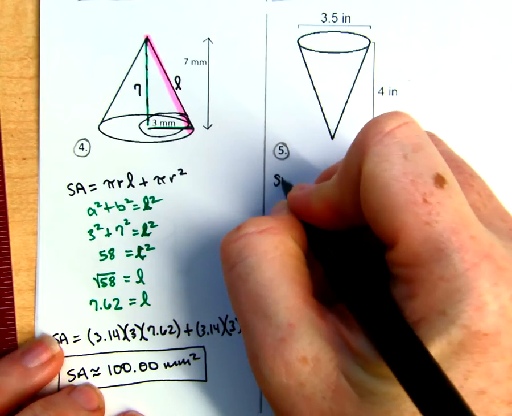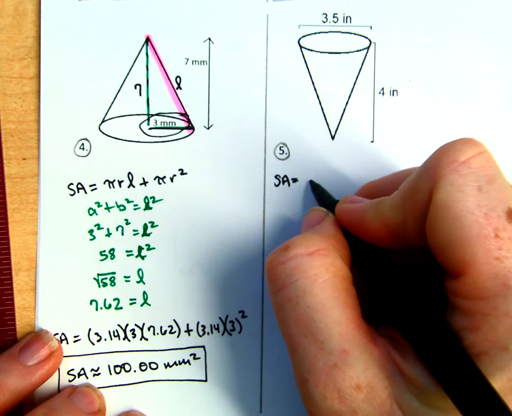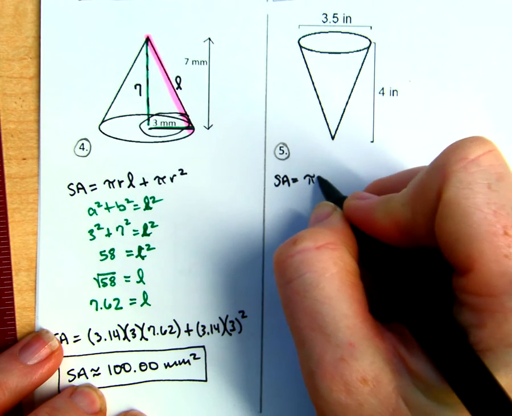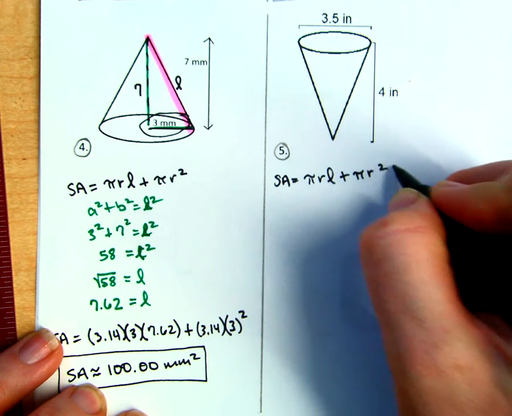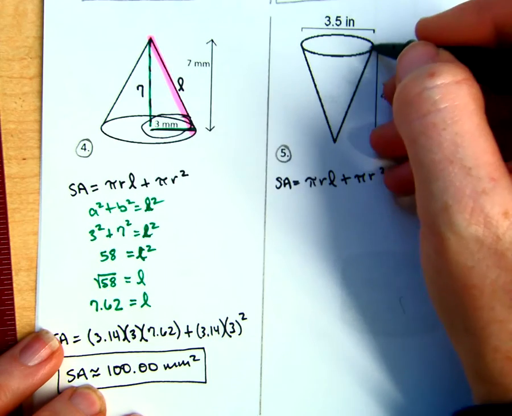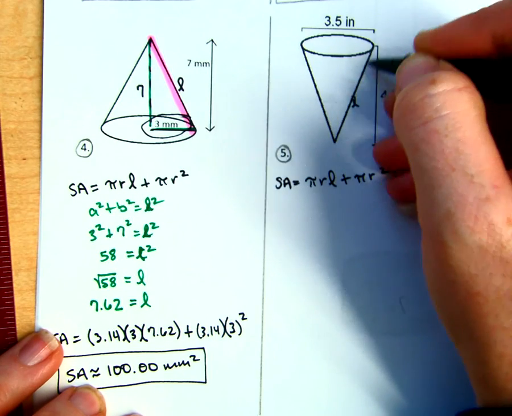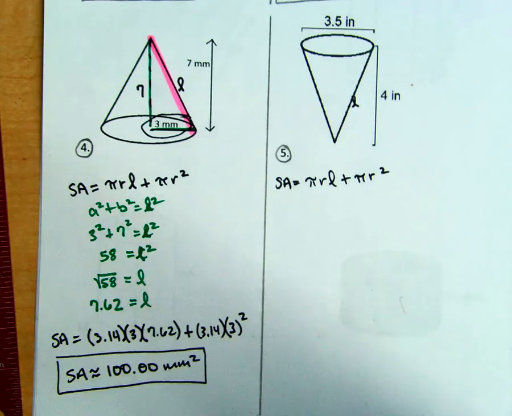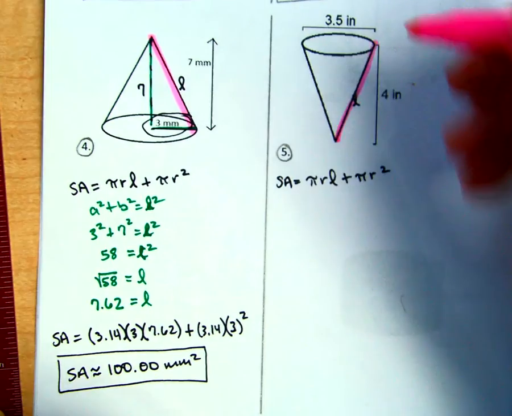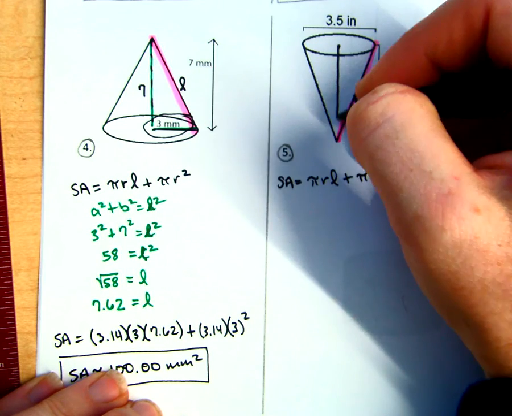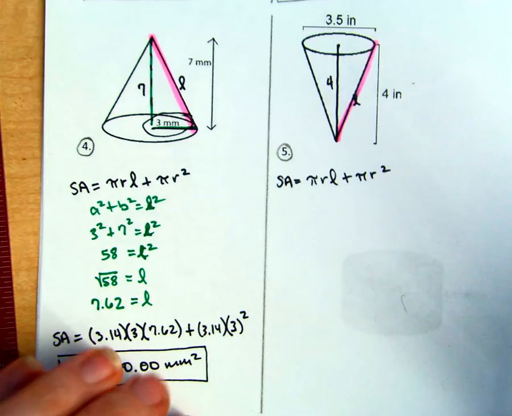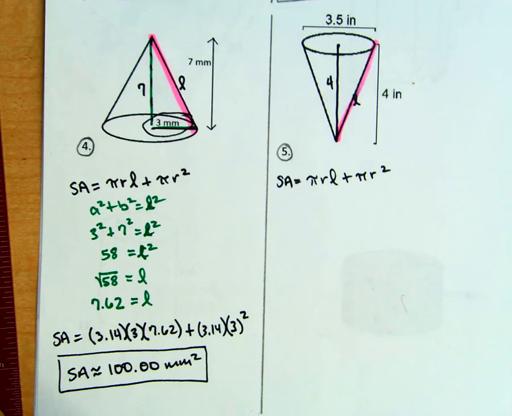So you're going to say, okay, I know surface area is pi times the radius times slant height plus pi times the radius squared. And I'm looking for slant height here. So this is my slant height here, L, which I don't know, because I gave you actual height, and I told you the actual height is 4.